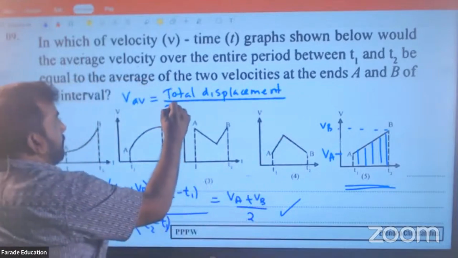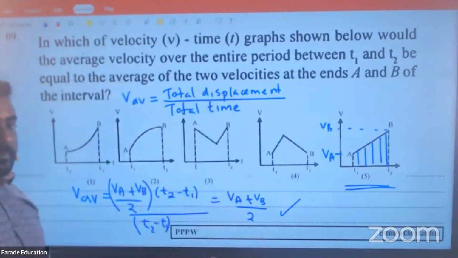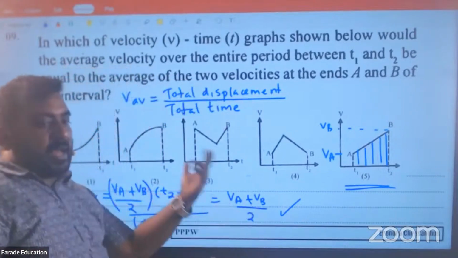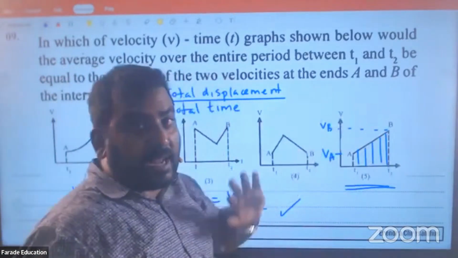Total displacement over total time will give you this particular answer directly, which is the average of both the velocities at the ends.